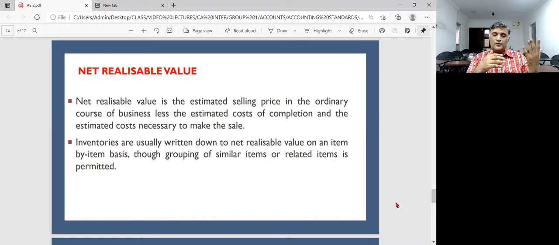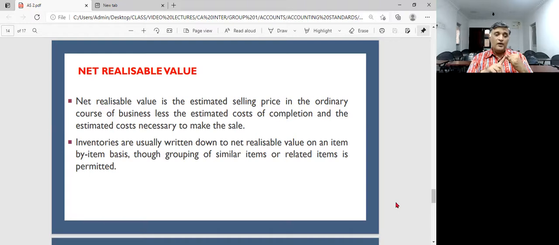To sell the product in the market, you have to incur some expenses like brokerage, commission, whatever cost. So from the estimated selling price, if I reduce the estimated cost which is necessary to make the sale, and from that reduce the cost of completion, the 30% cost, that gives my NRV. That is very important. Okay.